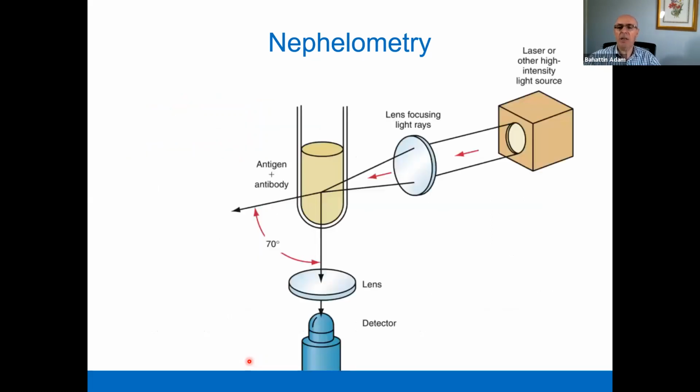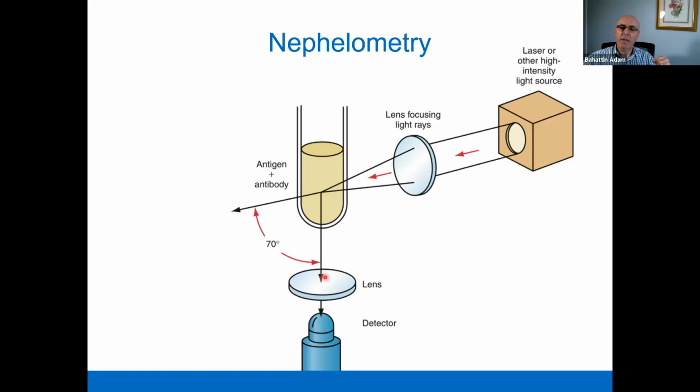Now you see here the technique working in nephelometry. A laser or other high intensity light source is used, and you send the light via a lens onto the test tube, and it will scatter at 70 or 90 degree angles, and then come onto the other lens.